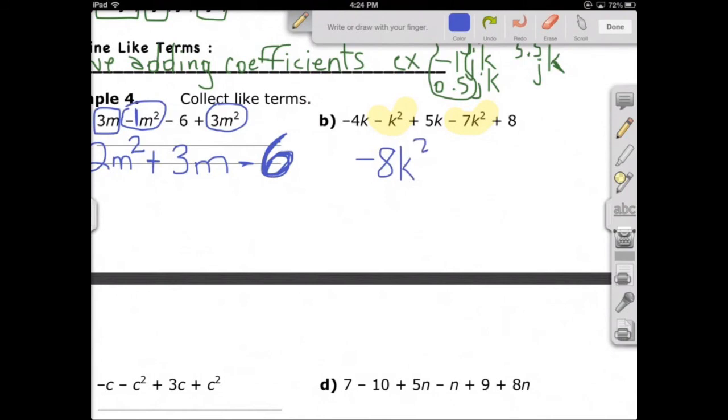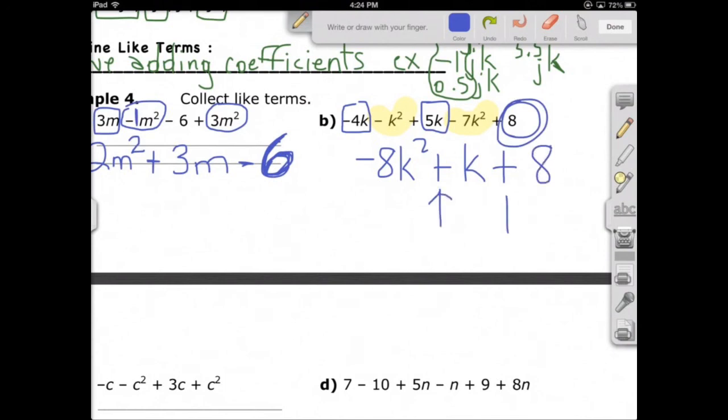And then what's left? These are k to the firsts. What do we got? Oh, there's just one left. We had 5, 4 died. So that leaves us with 1k. And our last number standing here is 8. I'm very careful with my pluses or minuses there.